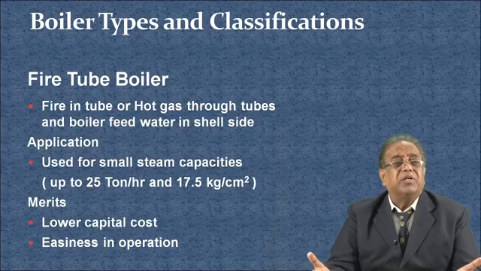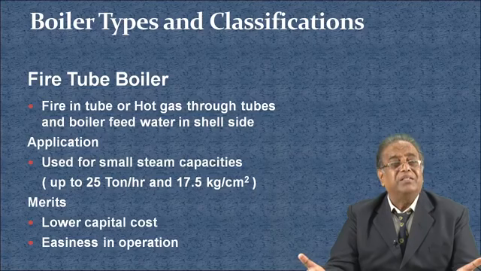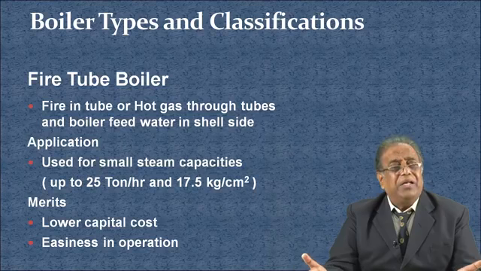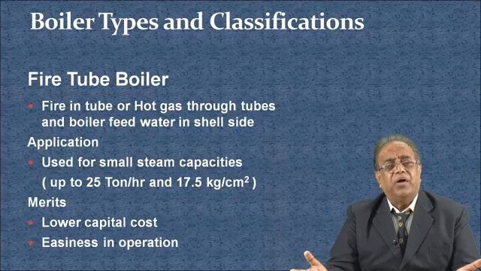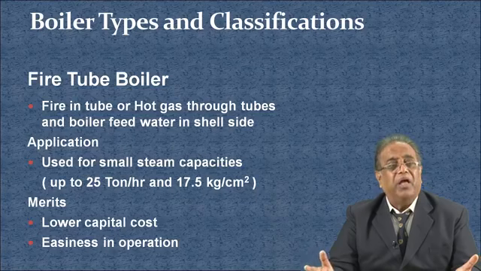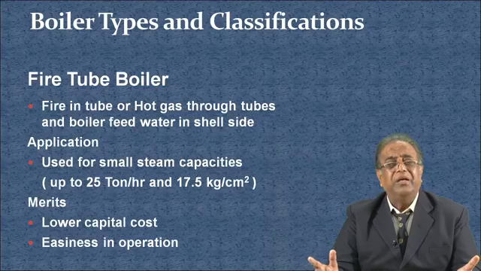When you consider a fire tube boiler, it means fire in tubes or hot gases through tubes and boiler feed water on the shell side. Application: used for small steam capacities up to 25 ton per hour and 17.5 kg per centimeter square gauge pressure. Merits are low capital cost and easiness in operation.